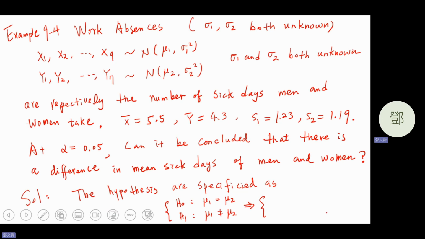We like this alternative setting: mu1 minus mu2 equals 0, mu1 minus mu2 not equal to 0.